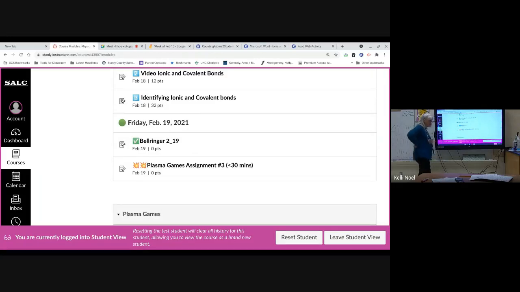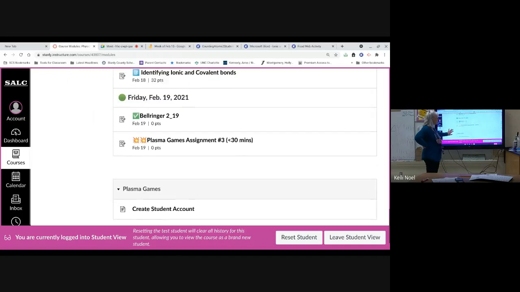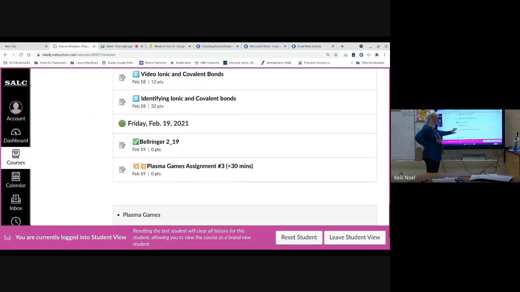If you've been face-to-face, you have joined this. I may have to find and add the joining information. Create a student account under Plasma Games. If you haven't done that, you'll need to do that. And you've got to go in and play up to level 4.